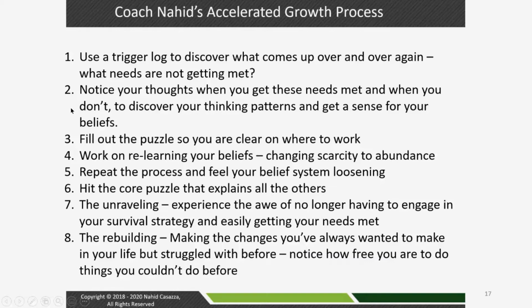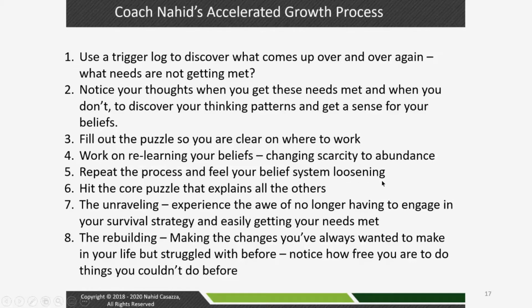Once you realize that, then you'll start being able to get a sense for what your scarcity beliefs are and your survival strategies. We're going to use that information to fill out your own puzzle so you're clear on where to work. Then we work on relearning your beliefs, changing your scarcity beliefs to abundance. Number 5 here is repeat the process and feel your belief system loosening.